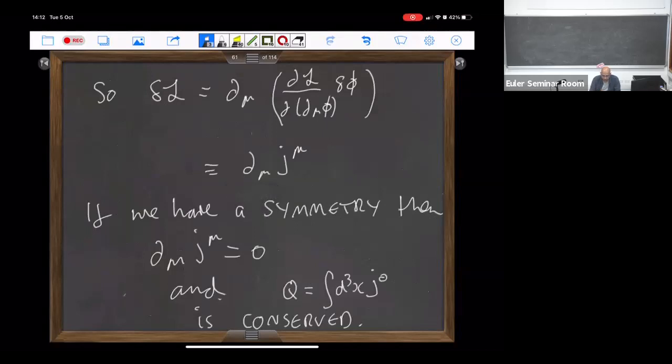So if the total derivative term vanishes, then we have a symmetry. And for the reasons we explained before, it's a symmetry because there's a conserved quantity that's independent of time. So the spatial integral of the time component of this current J mu is a conserved charge.